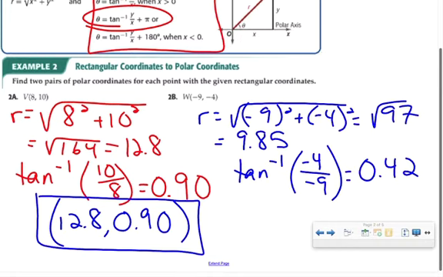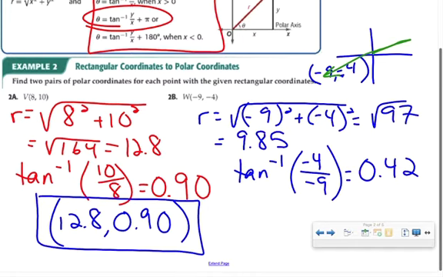So again, think about the reasonableness of your answer. Negative 9, negative 4 would be somewhere over here. This angle that we just found, that's here. That's not quite right. So what I need to do is add pi to that value so that I'm over here where I should be.